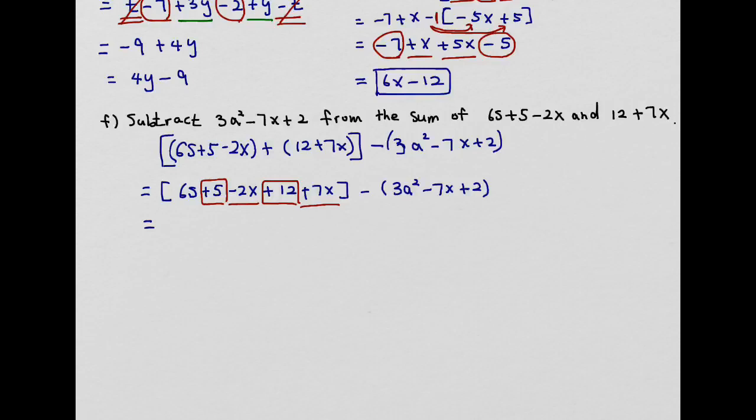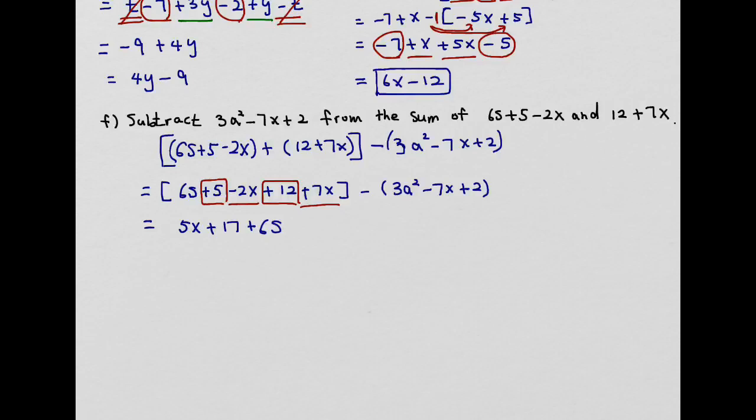So let's see if I can write those down by combining the like terms. I have negative 2x, positive 7x is positive 5x, plus 17, plus 6x.